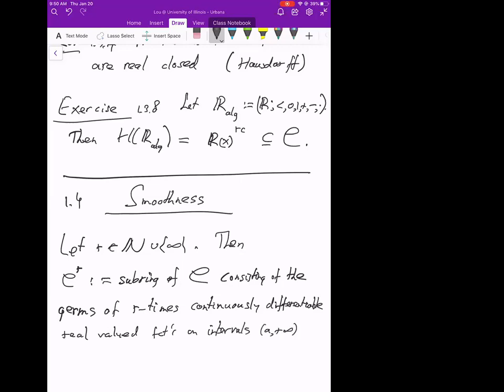I would perhaps want to say the germs of C^R functions, but that sounds a bit circular. So this makes sense for R a natural number, and also for R equals infinity. And in particular, C^0 is just C itself, right?